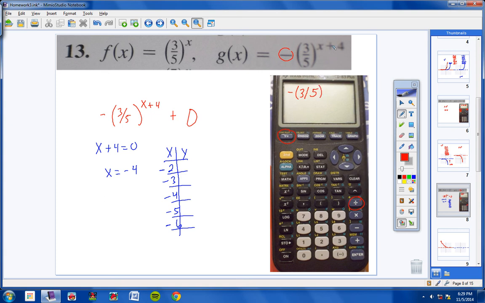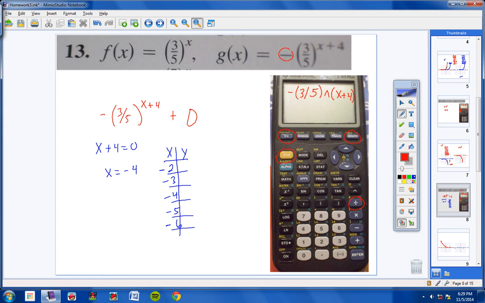Then you have an exponent next. So arrow and then parentheses, x plus 4. Now here, students, the parentheses around the x plus 4 is mandatory because you have two terms in your exponent. Okay, so make sure you put the parentheses there. Then hit second graph, and your table of values should pop up.